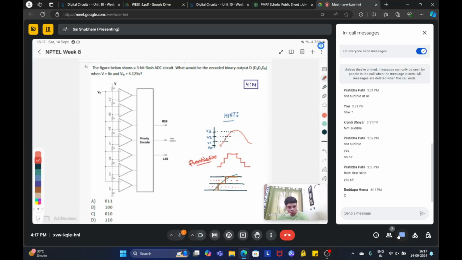And those who do not know about priority encoder, I will explain. So this is similar to a decoder.